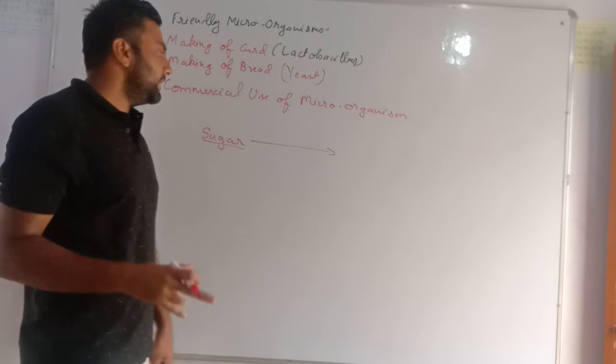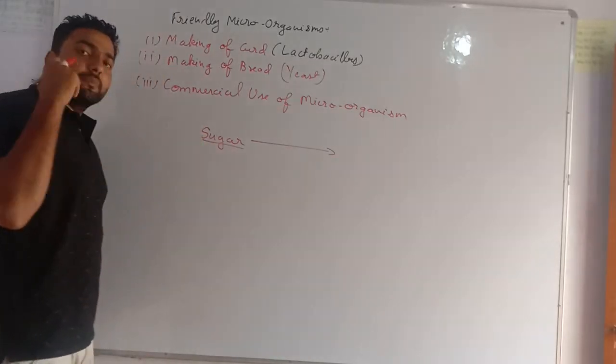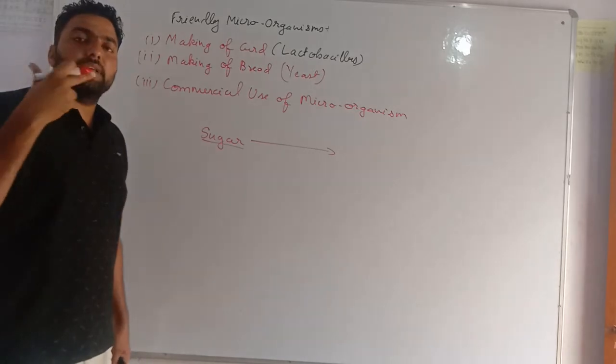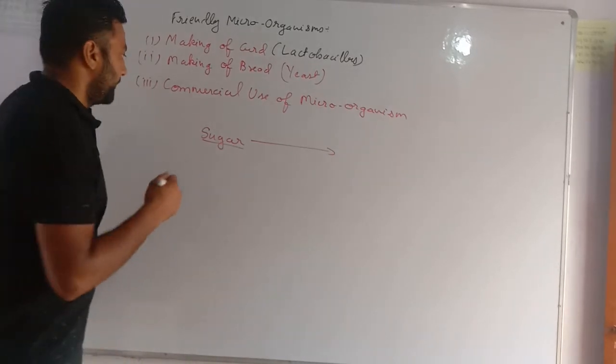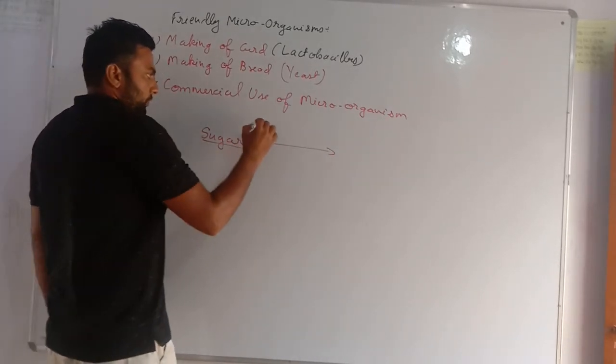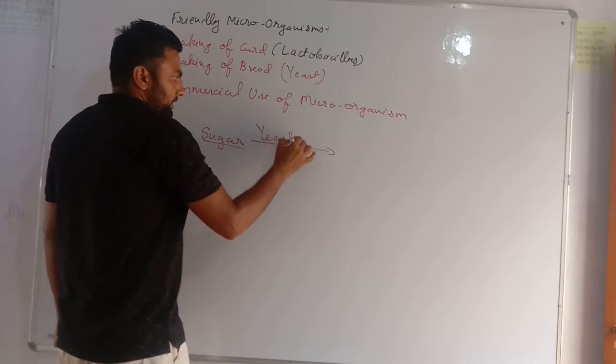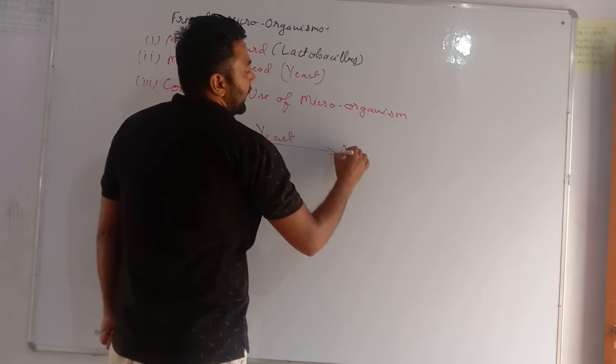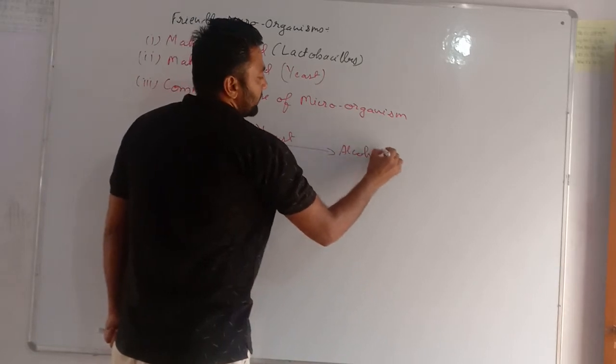The reason is that bacteria or other microorganisms of your mouth have converted that into alcohol. Sugar, when treated with yeast, is converted by the yeast into alcohol. Very important, my dear students.